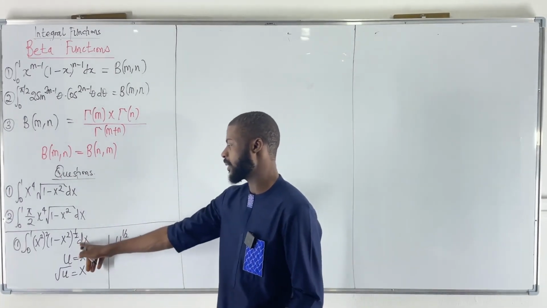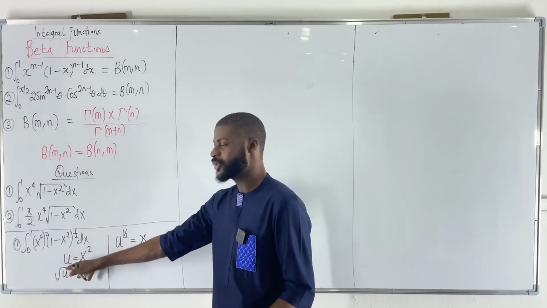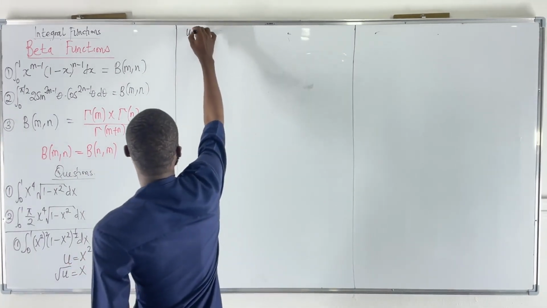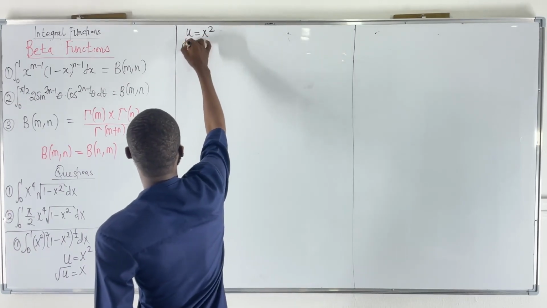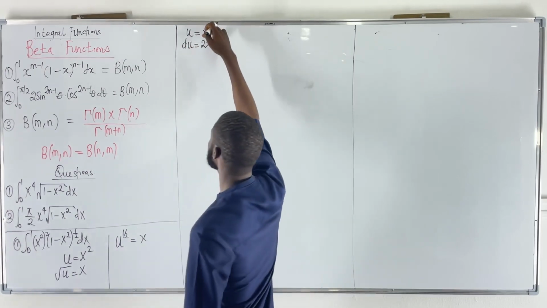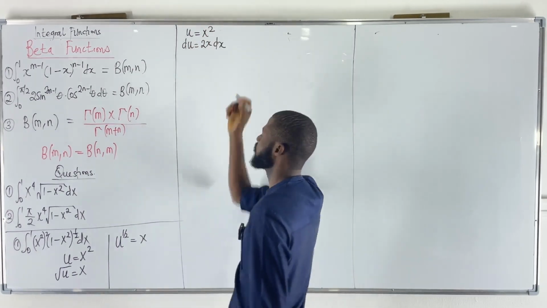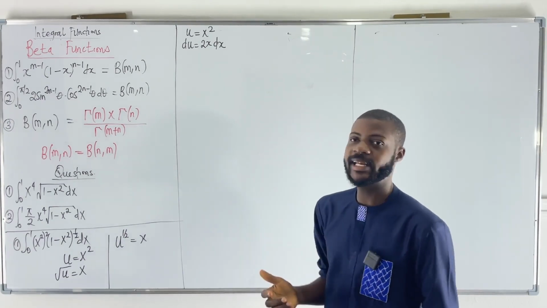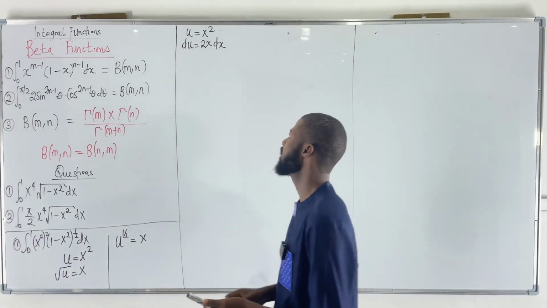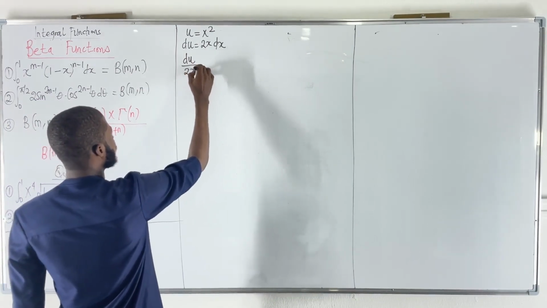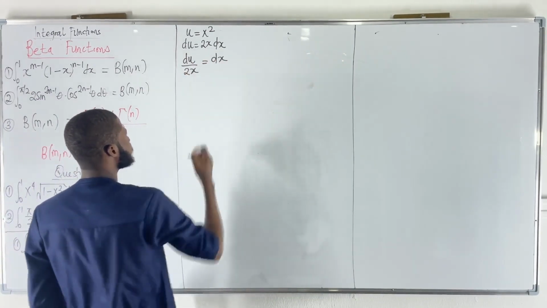Because this is with respect to x, we're changing to u, so every other thing has to change to u. So if u is equal to x squared, this means that du is equal to 2x dx, because when you differentiate x squared, you're going to have 2x, and then you put your dx. Now, to make your dx stand alone, you must divide both sides by 2x. So this will be du divided by 2x, and this is equal to dx.